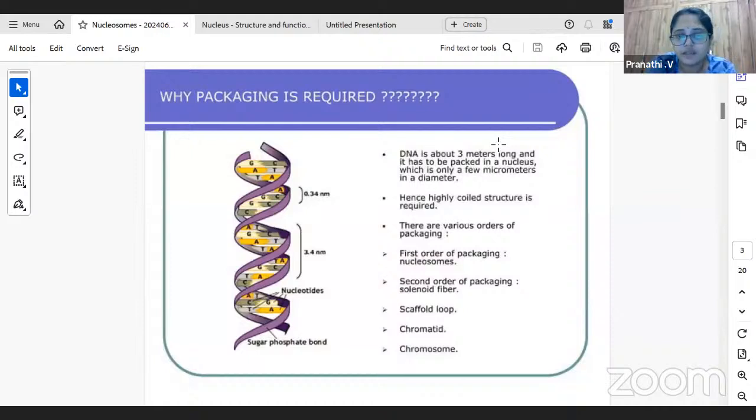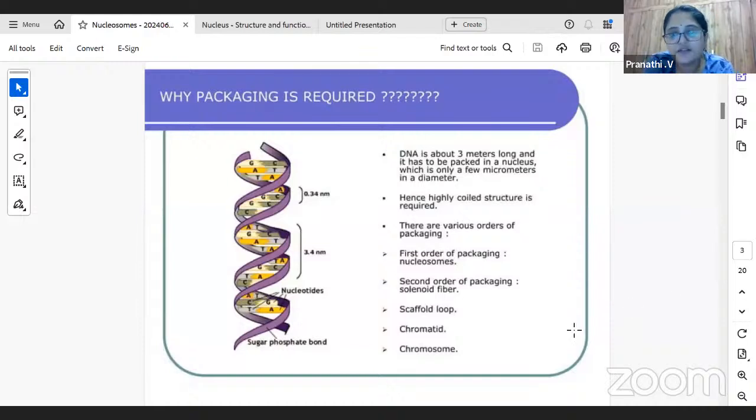So we are going to package it in such a manner that it only becomes nanometers or angstroms. When DNA in every cell is 3 meters long, you can just imagine how much DNA we have within our cells and how many cells we have. It is just basic dynamics that you'll have to understand over here.